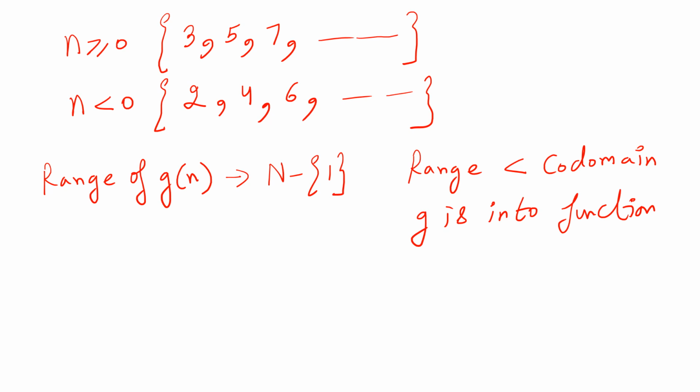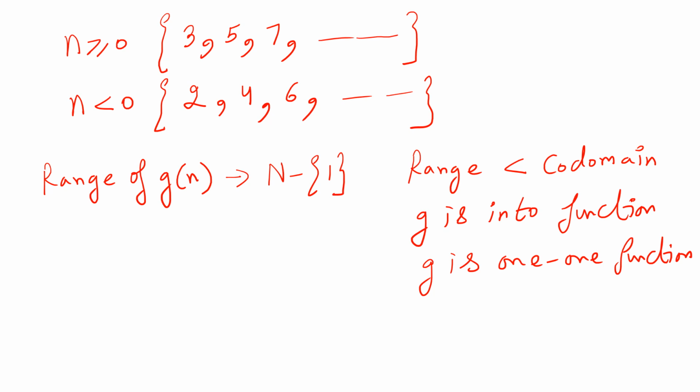So this means there are no two different values of n for which g of n is the same. So hence from here we conclude that g is one-one. So that means g is one-one but into. So this means option C is not correct.